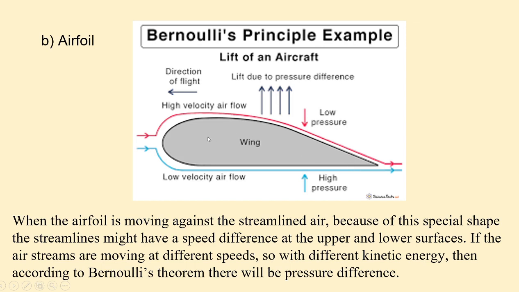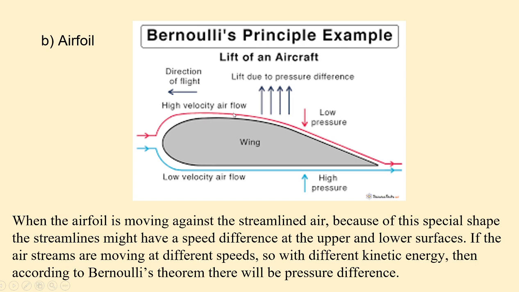When such an airfoil is moving against streamlined air, because of this special shape, the streamlines might have a speed difference at the upper and lower surfaces. You can see, during the motion of this type of airfoil, the air streamlines in the lower surface have to travel a shorter distance compared to the air streamlines in the upper surface.